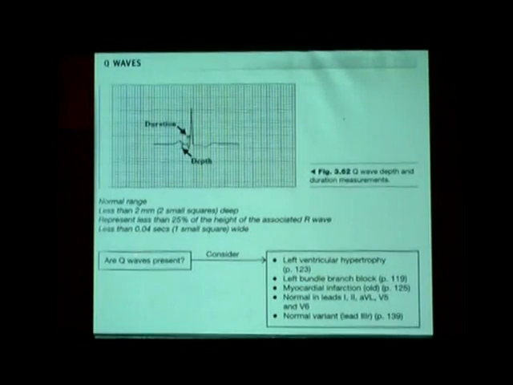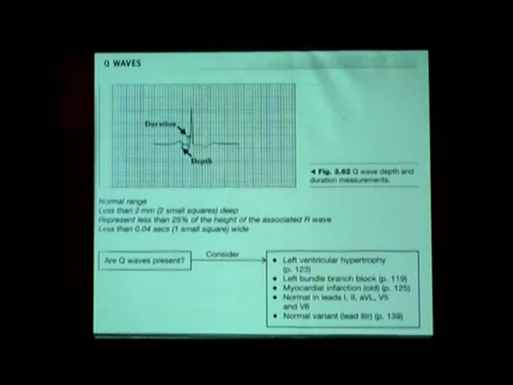Then you have to see whether the Q wave is pathological or physiological. The definition of a pathological Q is that it is more than 2 millimeters deep, it is more than 25% of the succeeding R wave, and it is wide, more than 0.04 second in duration. So deep and broad Q waves. You call them pathological Q waves.